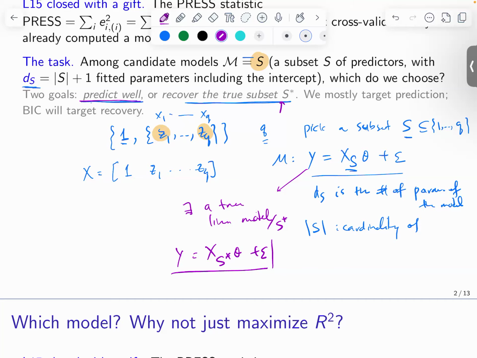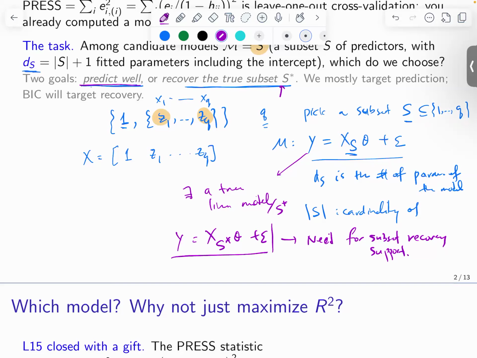You can come up with a more general model. So this is needed for subset recovery, what they call support. Support is the support of the parameter.